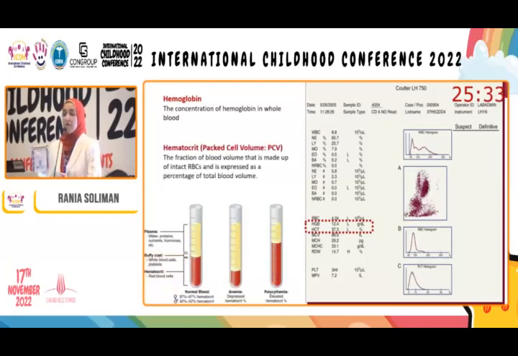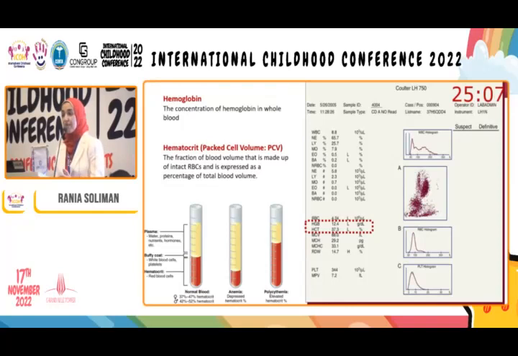The next number we have is the hematocrit, which is the packed cell volume. What does this number mean? When I take the test tube from the patient and I put it in the centrifuge, this is what happens. It will be separated. The fraction of the blood volume that is made up of intact RBCs will be separated at the bottom of the tube and expressed as a percentage.